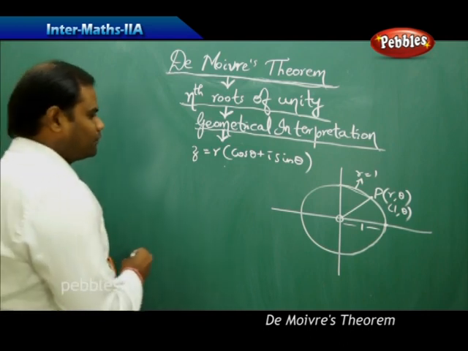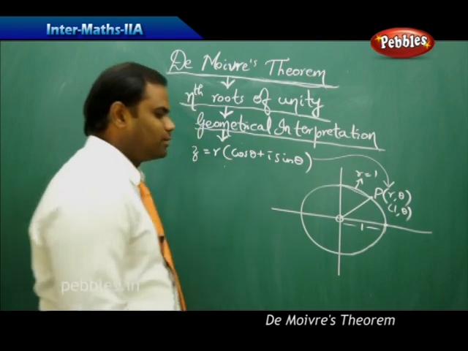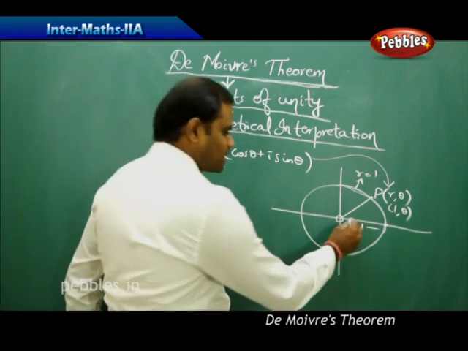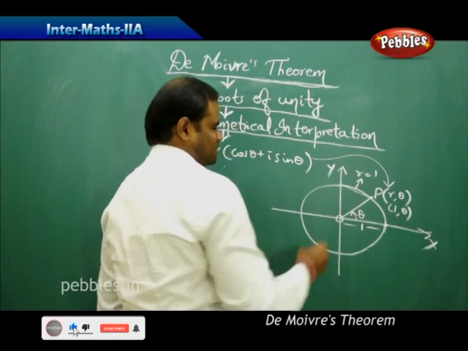Therefore, every complex number can be denoted with a point on the unit circle which makes an angle theta in the positive direction of the x-axis.